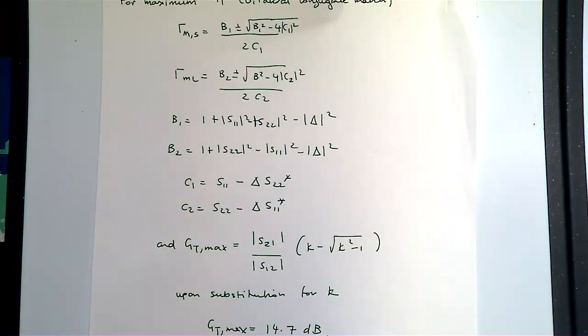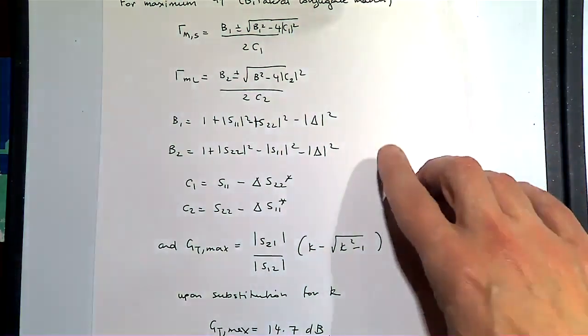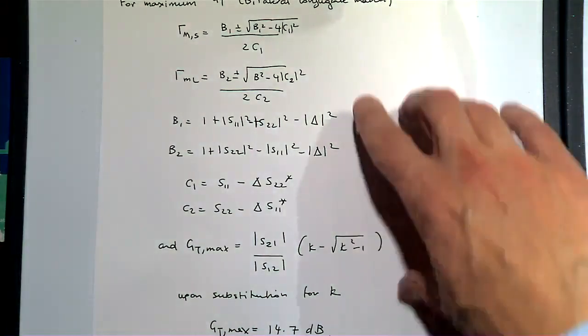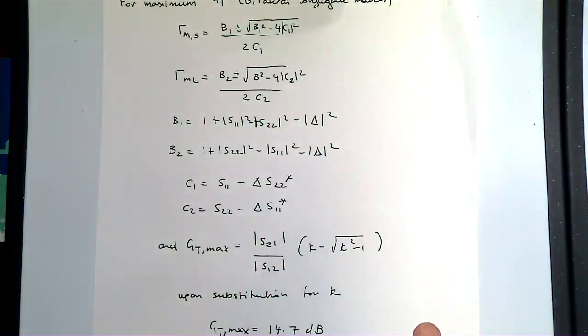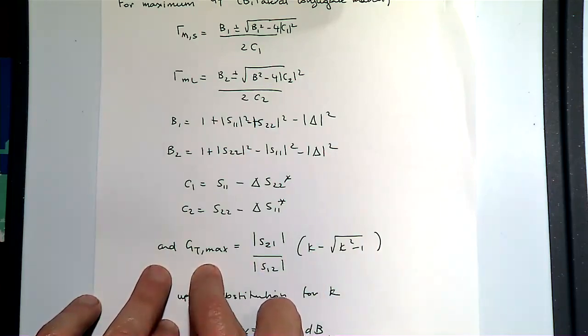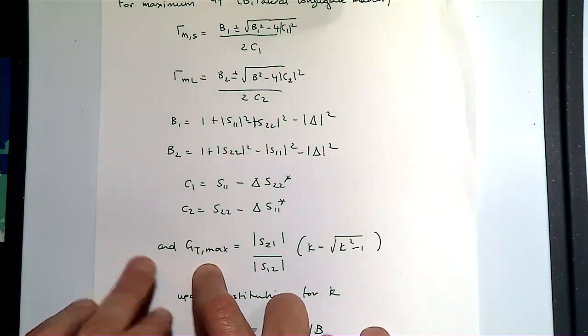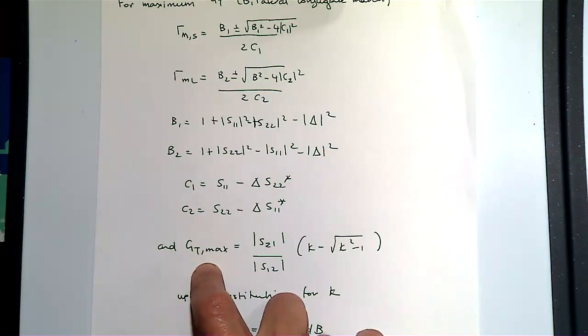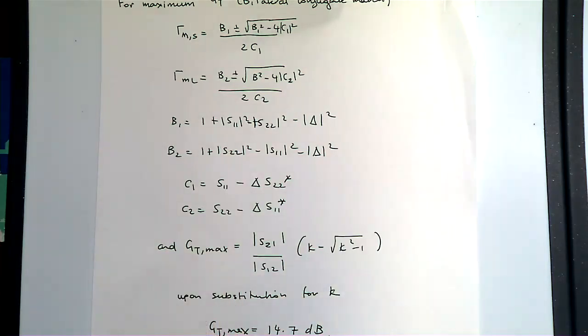And importantly, we can also work out what our maximum transducer gain is for this particular amplifier, right? If we had complete freedom in order to be able to choose the input and output loads.